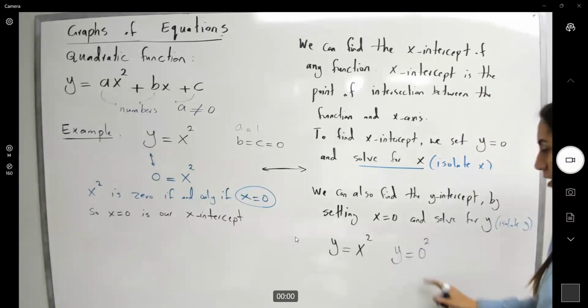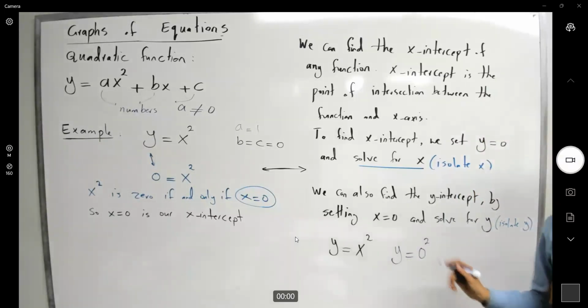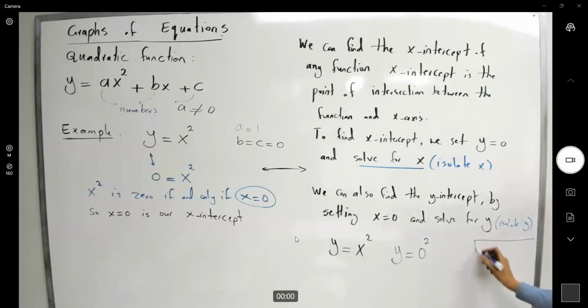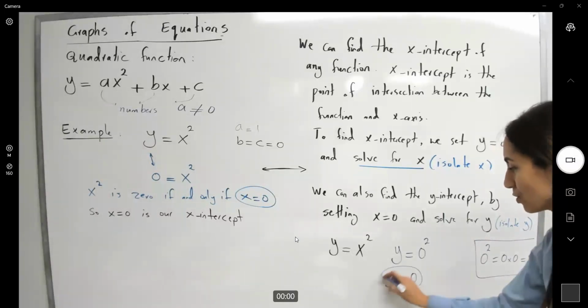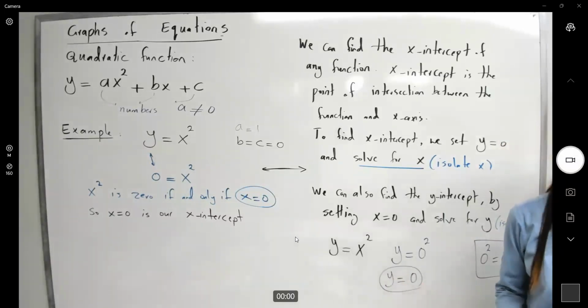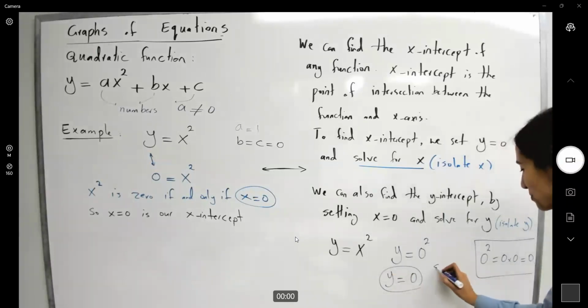What's the meaning of 0 to the second? It means that you are multiplying 0 by itself 2 times. 0 to the second is 0 times 0, which is 0. So you got y equal to 0, and my y-intercept is also 0.